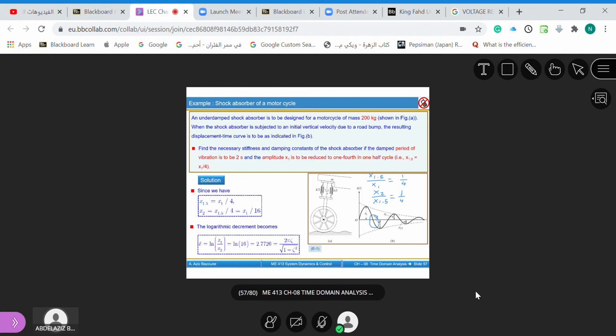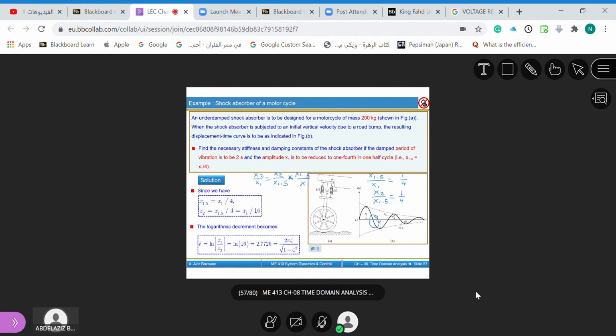So now what do we want? We want x2 divided by x1. We can say x2 over x1.5 multiplied by x1.5 divided by x1.